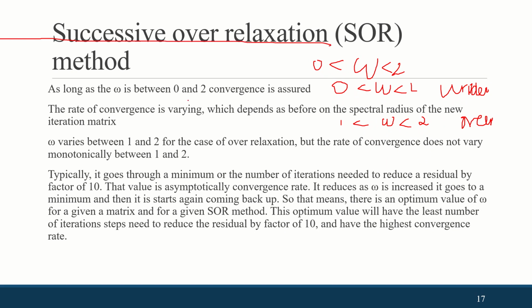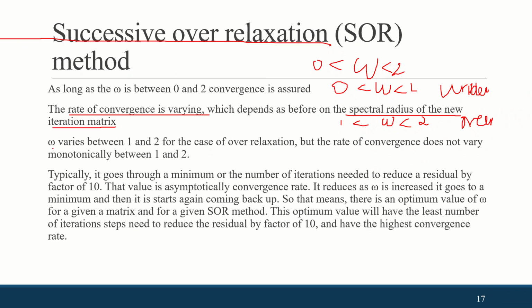And the rate of convergence varies, which depends on the spectral radius of the new iteration matrix. The spectral radius of the new iteration matrix should be formed based on the introduced parameter omega.